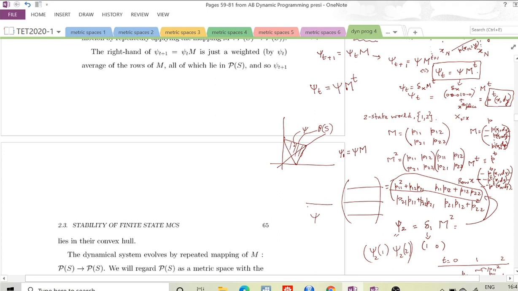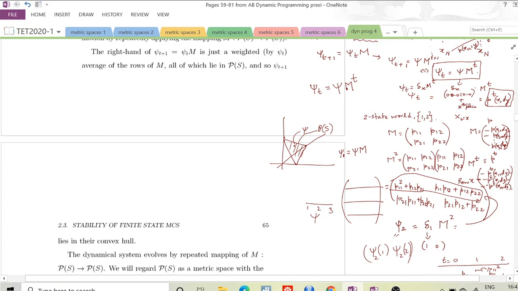Instead of x1, x2, x3, let me just call them states 1, 2, and 3. So what is this matrix multiplication? This probability is going to multiply the first row. Then to that, I'm going to add this probability times the second row. And to that, I'm going to add the third probability times the third row, right?